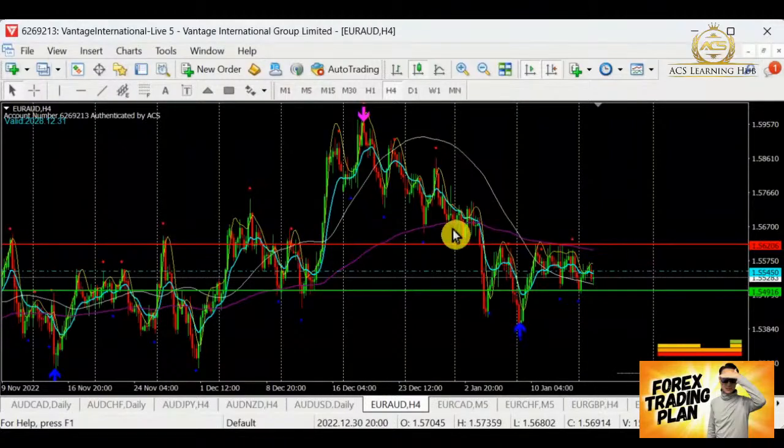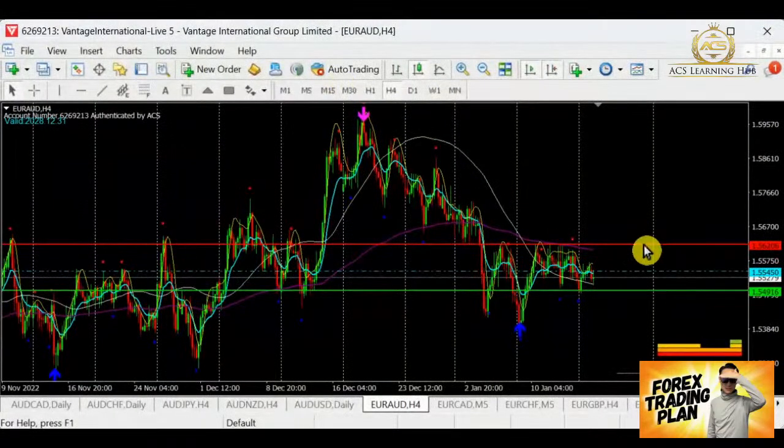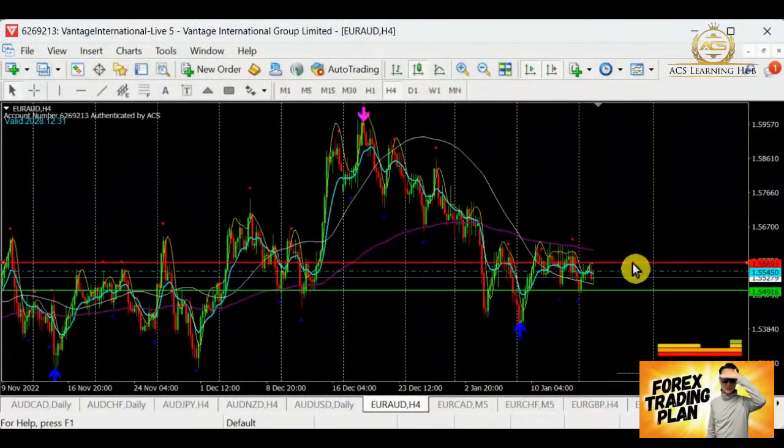So sellers, we can tentatively still take a look at this right now, but we still prefer to have a resistance around this area. When it hits the resistance, then you start selling, which will be a better choice. Right, so I'm going to put this Euro Aussie into the selling list here.